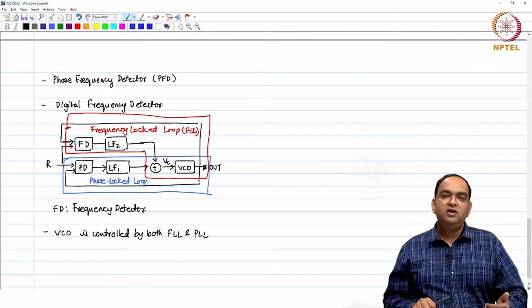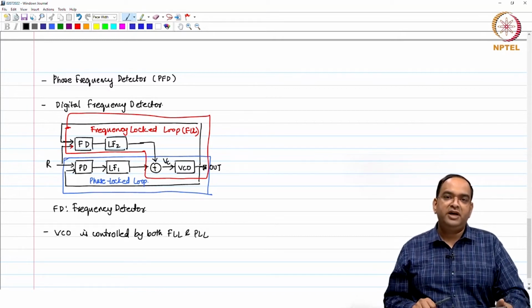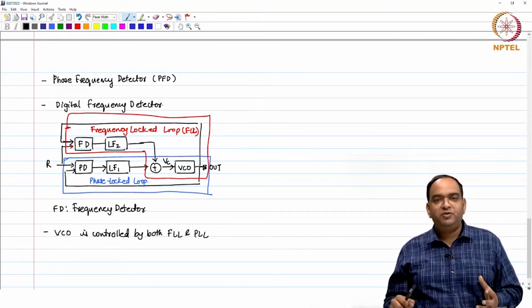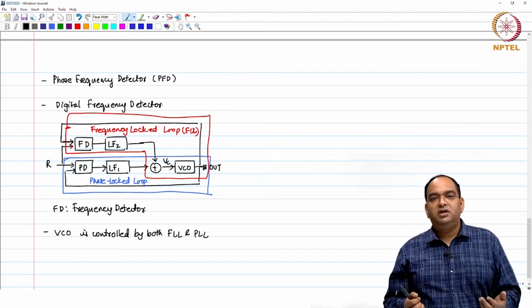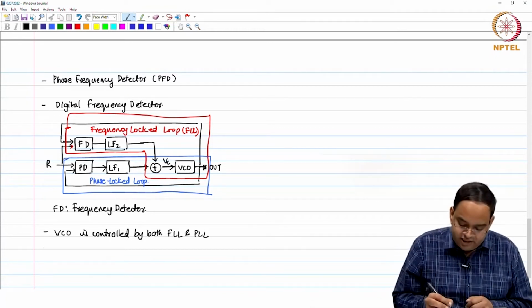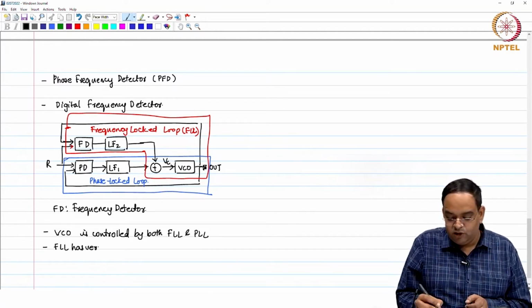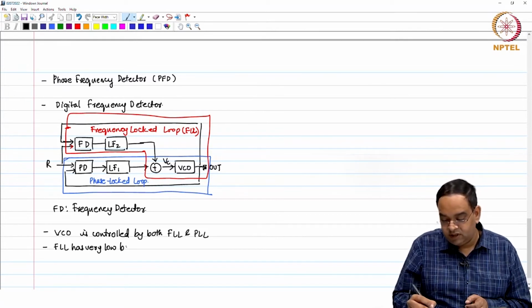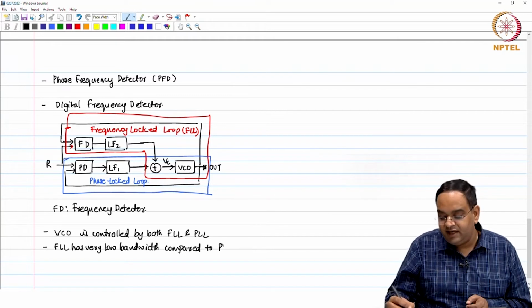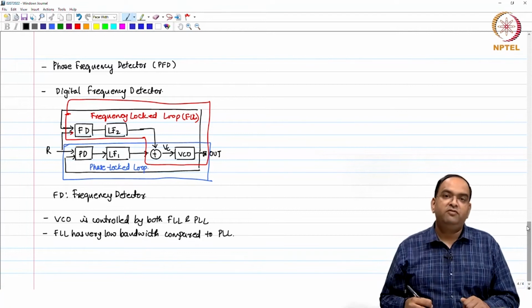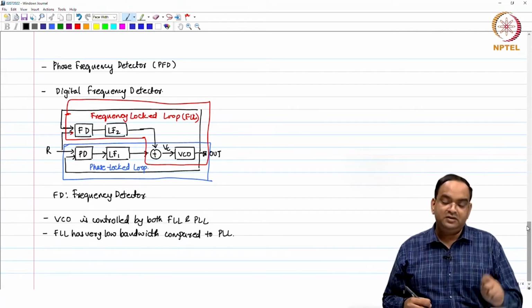If the frequency locking loop is trying to increase the frequency, at the same time if your PLL starts reducing the frequency, it will create a bigger problem. So, in general, the FLL has very low bandwidth compared to PLL. You can design as per your requirements, but you have the option here to correct for the frequency separately and for the phase error separately.